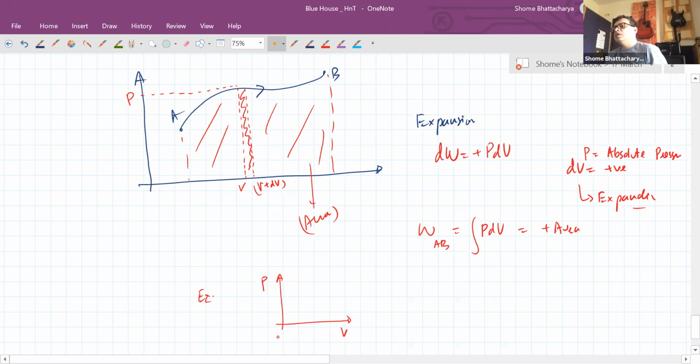a pressure versus volume graph where the gas is undergoing a linear curve like this, let's say pressure is equal to half of volume. Now, half is some kind of a constant.